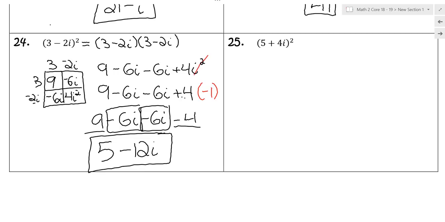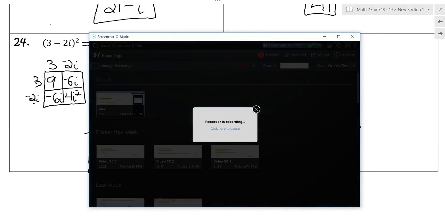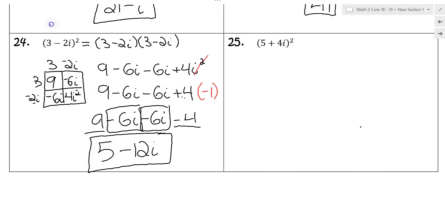Last but not least, sorry guys, we have 5 plus 4i squared. Again, when it's squared, it just means I have two of them. So I have 5 plus 4i and 5 plus 4i. This part of my board doesn't want to work today.